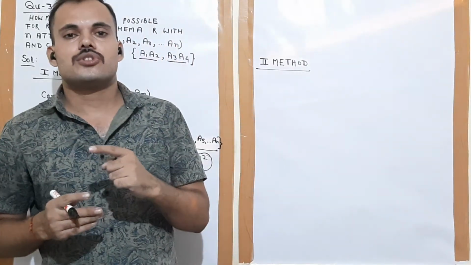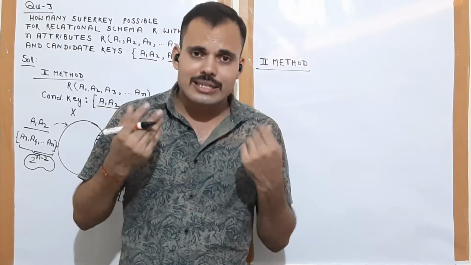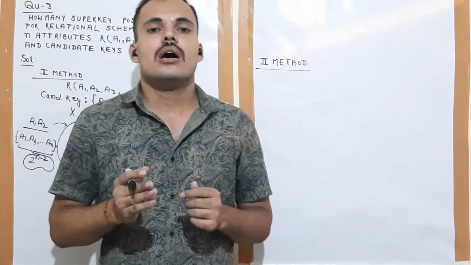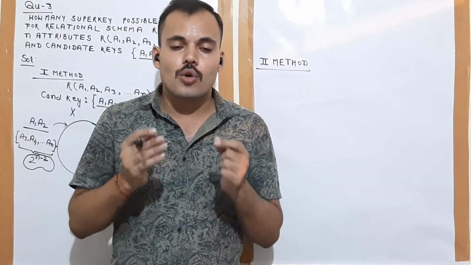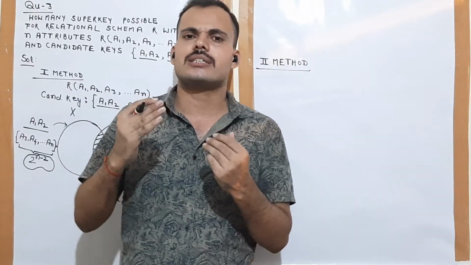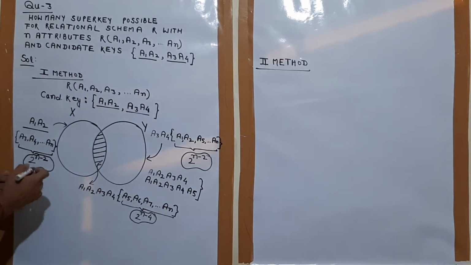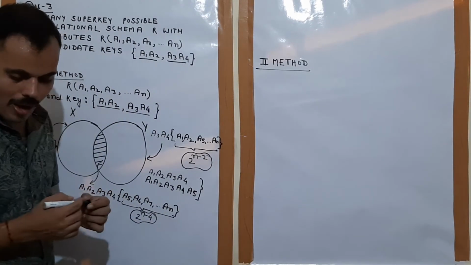Understood? So that they will be counted only one time and we will get the exact answer. So we will find those super keys which are common in both and subtract them.